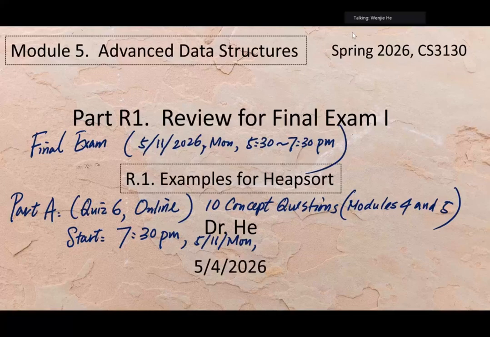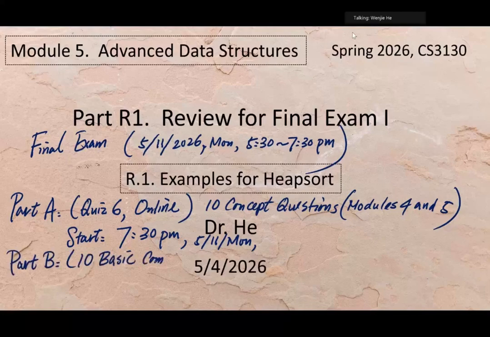Part B is 10 basic computation questions, also from modules 4 and 5.